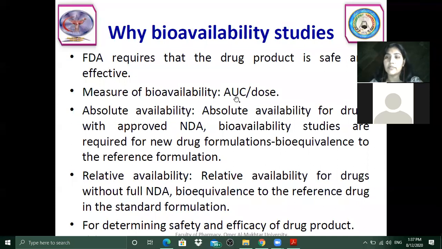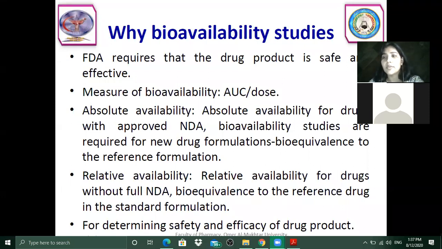safe and effective. We also know the history: it was after the thalidomide trial that it became very necessary to prove to the FDA that your drug is safe and efficient enough to be marketed outside.